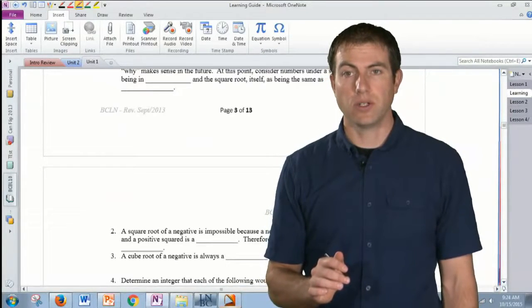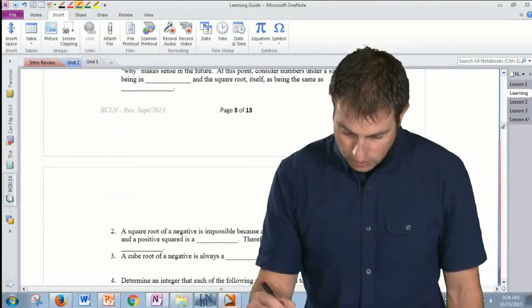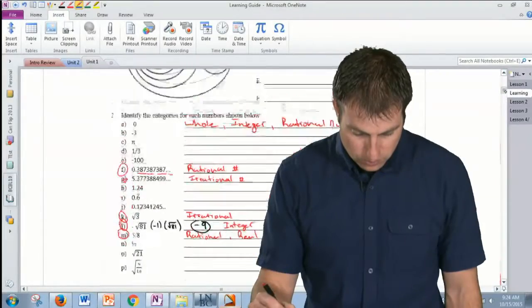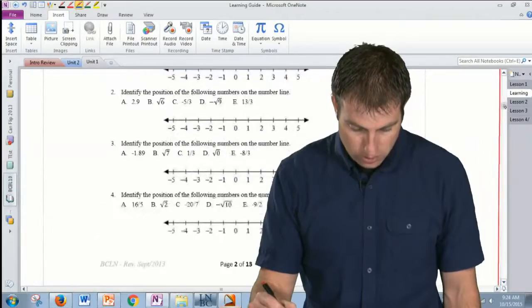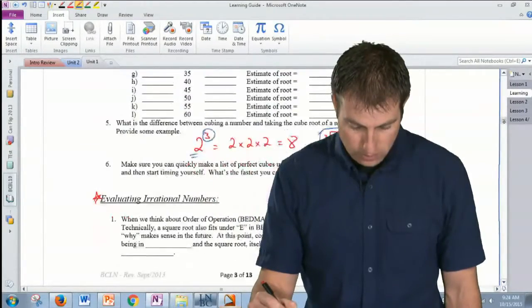The third question regarding the square root of 98. Up here at the top, third question. That's not it. That's not it. That's not it.